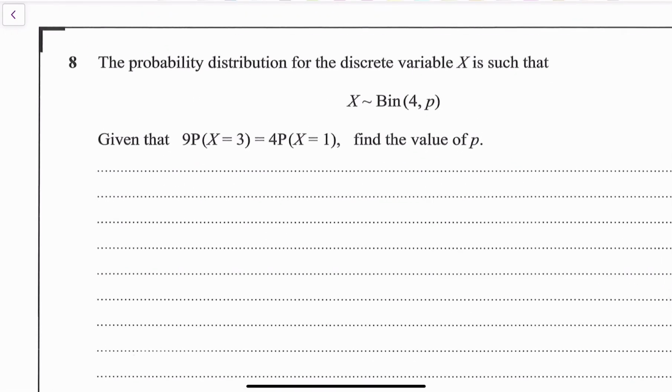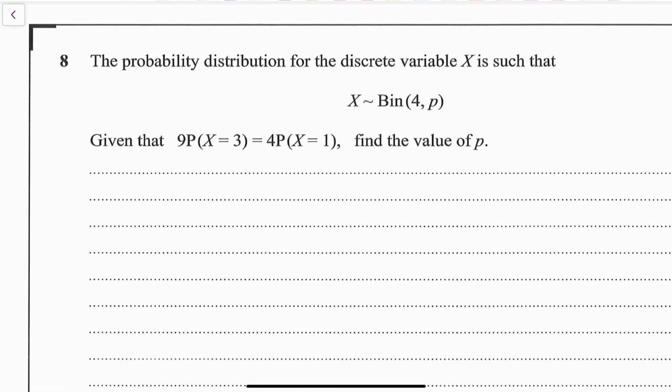Okay, it says the probability distribution for a discrete variable x is such that x is distributed with a binomial, and that is your n. So remember, x is distributed binomial n, p. So your n is 4. It says given that 9 times the probability of x equals 3 is equal to 4 times the probability of x equals 1, find the value of p.